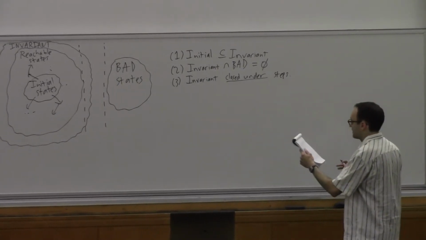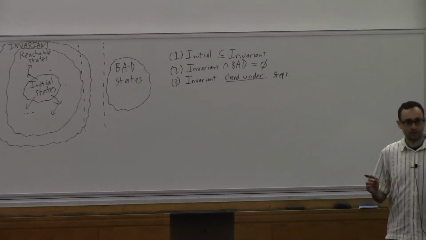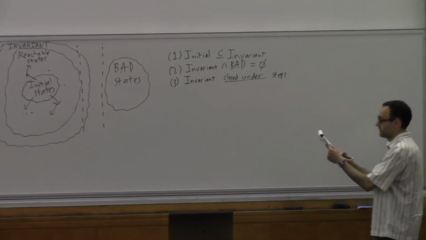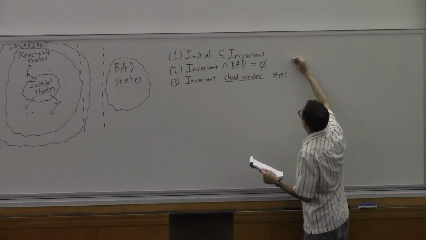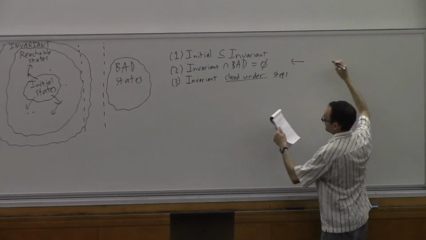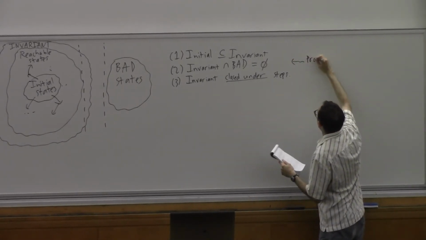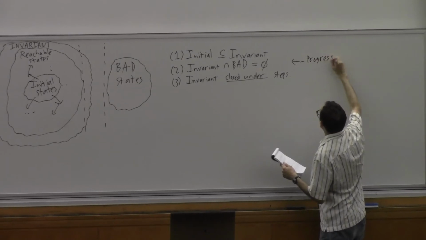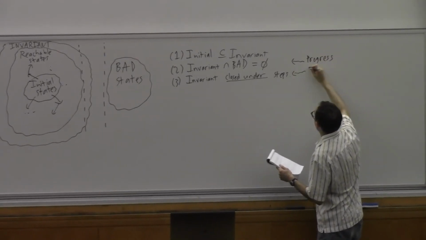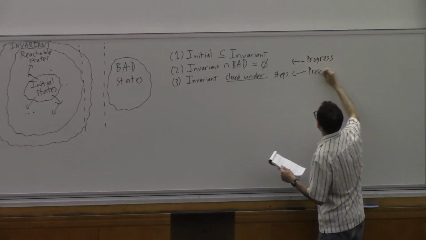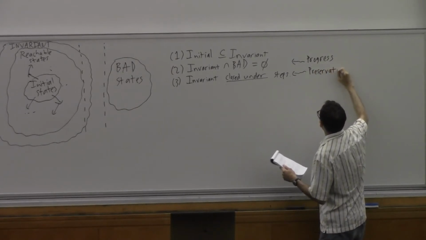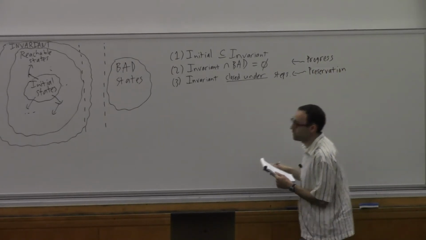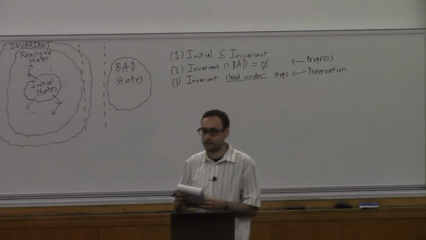And it just so happens that particular terminology historically is attached to it for type soundness proofs. In particular, we call this second condition the progress condition, and the third condition, the preservation condition. And we'll see exactly what those mean in the context of type systems in a moment.